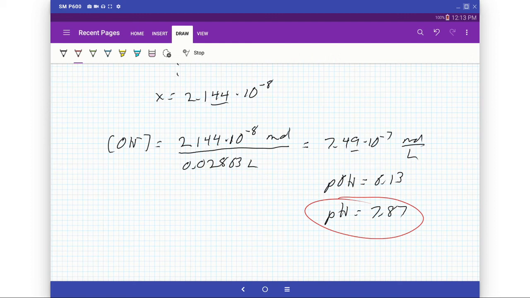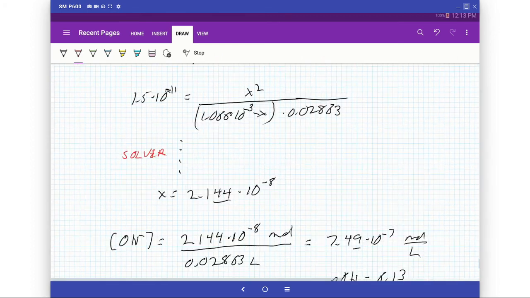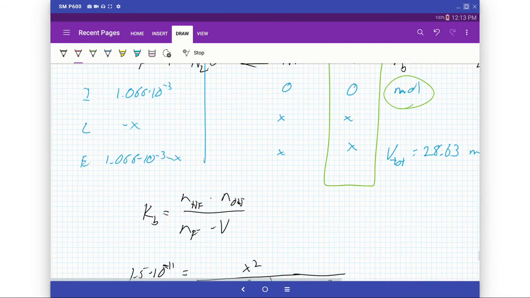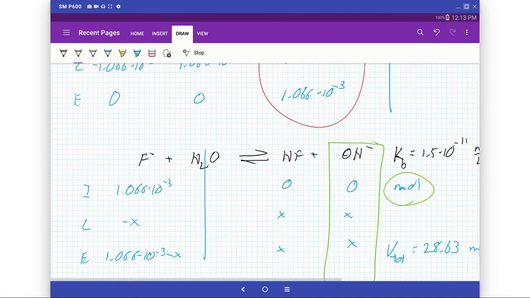Go ahead, Isabella. Chris, probably going to be a really dumb question, but in the ice table for the 10 milliliters, for the second one, how you dissociated the HF, how come it was different for this one? Why did you use a different equation? Because at the end of this neutralization step, I don't have any HF.